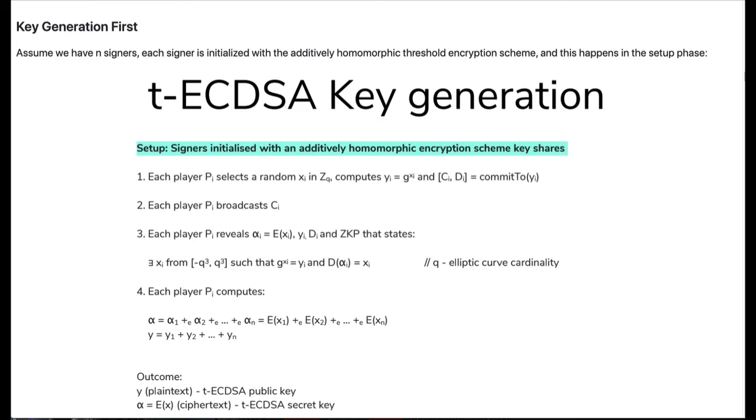When you see one of these y sub i's equal g to the x sub i, the y sub i is the ith piece of the public key from the homomorphic encryption. Okay? And the Z sub q is the range out there of all the things that we're going to be working in. And you can look at that in two different ways. And the ECDSA is the range also of the possible values.